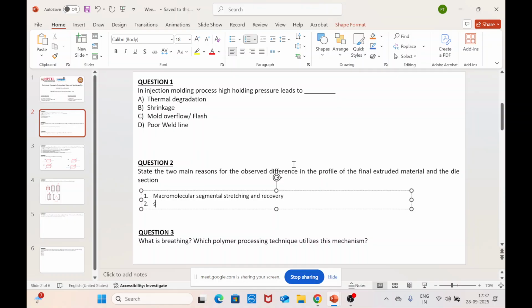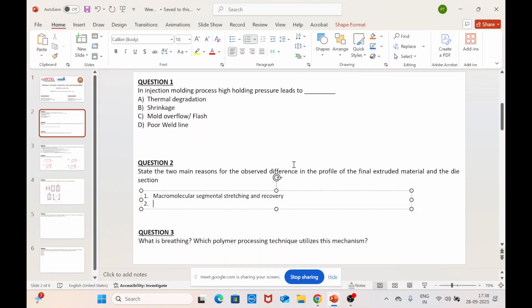So what actually happens is, polymer as such is a macromolecule. When it is forced or extruded out of the die, these macromolecules undergo segmental stretching. And once they are pushed out of the die, that stretching recovers back.